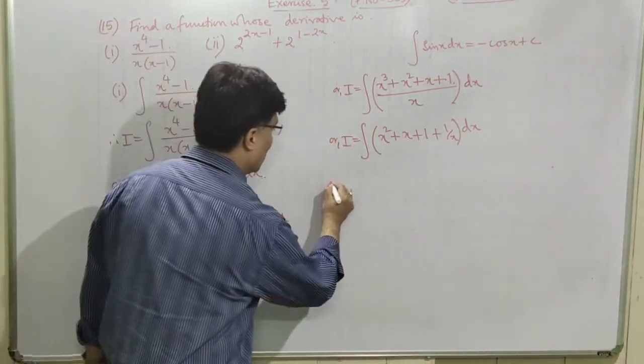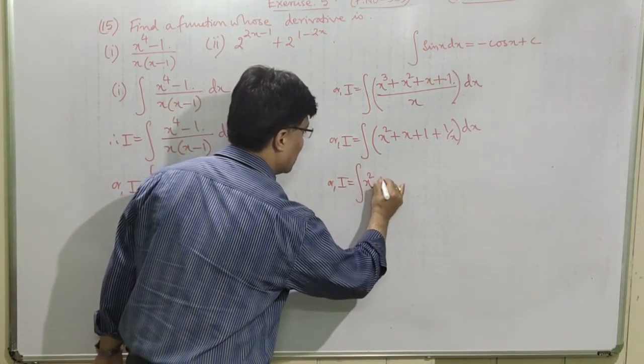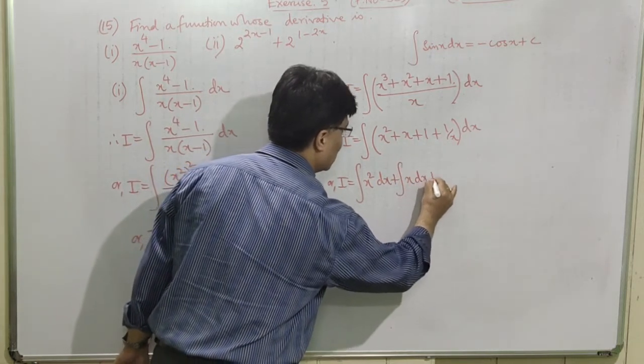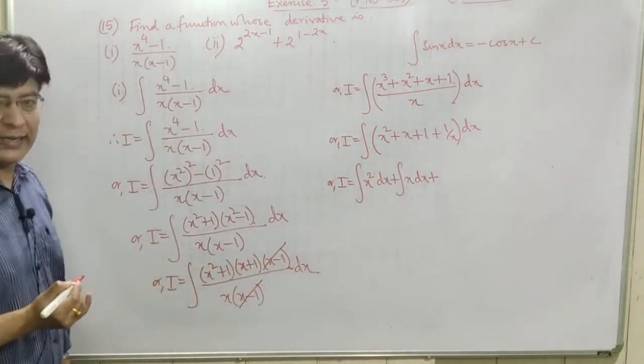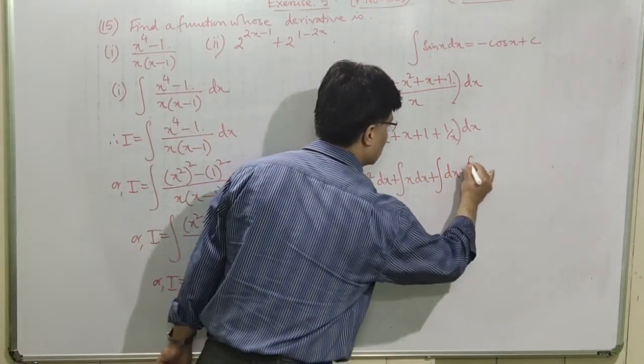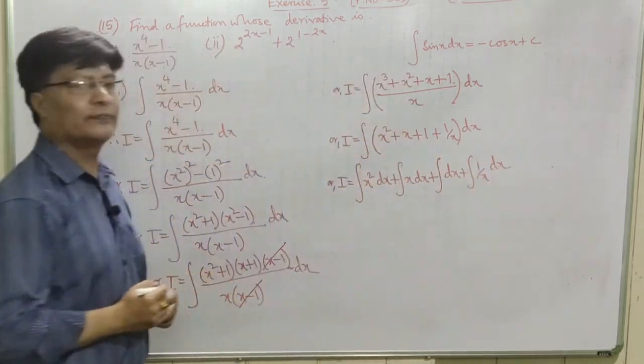I is equal to integration of x² dx plus integration of x dx plus integration of dx plus integration of 1 upon x dx.